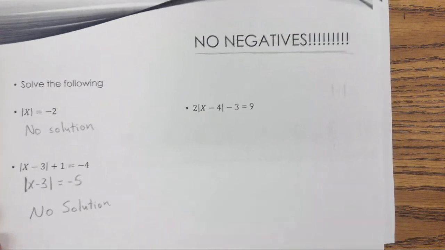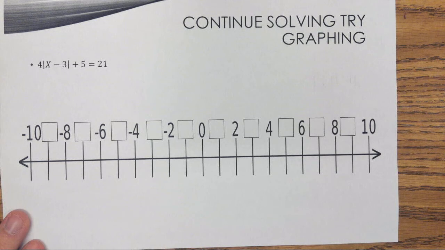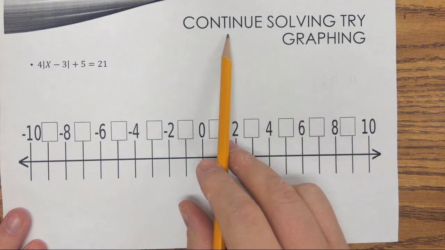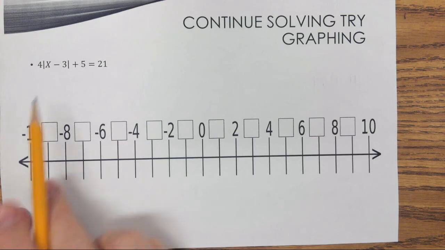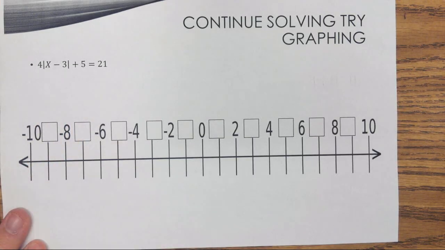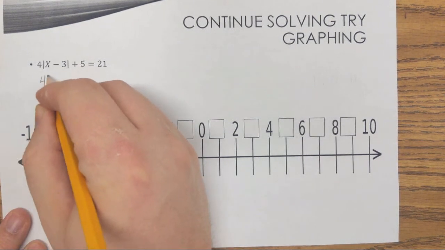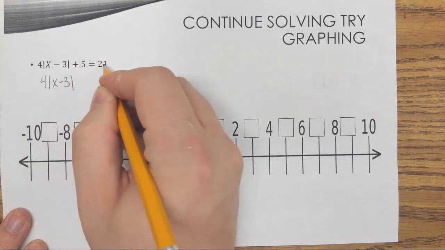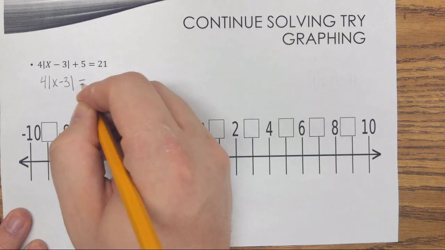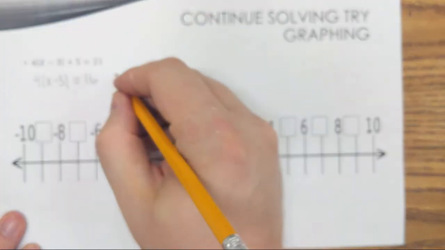Alright? Couple more things and we'll be done. So, we want to continue solving and then try graphing this. So we'll solve our equation first, and then we'll try to graph it on a number line. So we're going to subtract 5. I've got 4 times the absolute value of x minus 3. I subtract 5 from both sides. 21 minus 5, that is 16. Divide by 4.